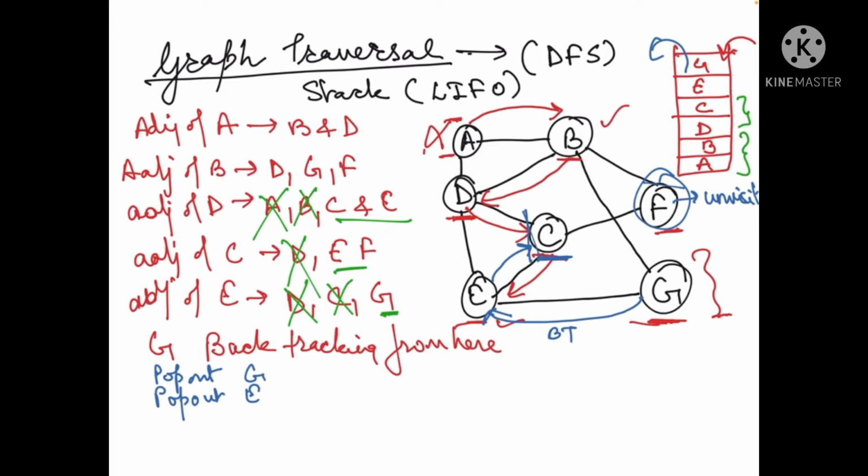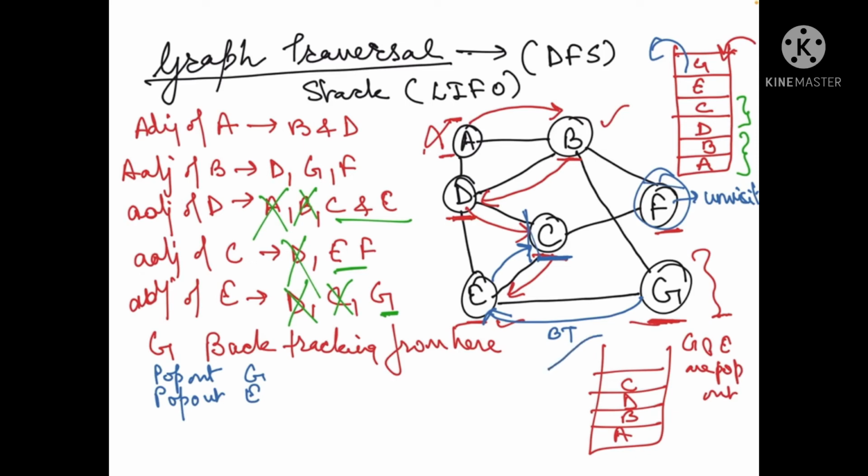Our stack will become like this: A, B, D, C. Now G and E are popped out, but F will be pushed in. F will come here like this. Again when you reach F, it does not have any unvisited node. F is visited, C is visited, G is visited.